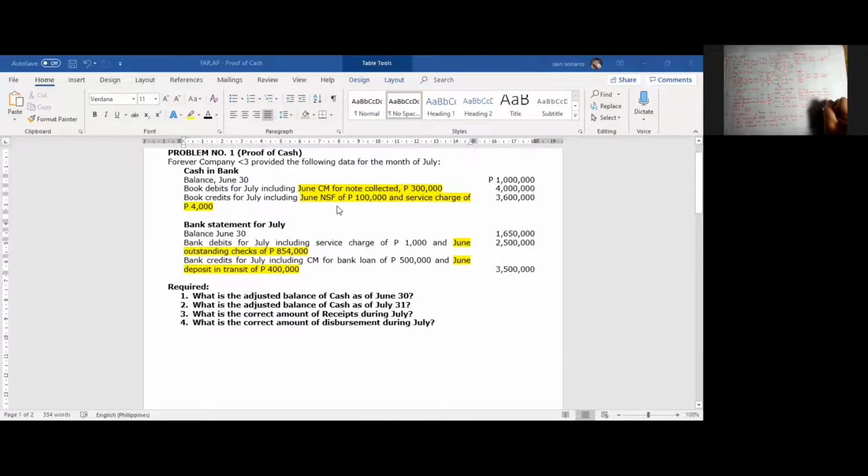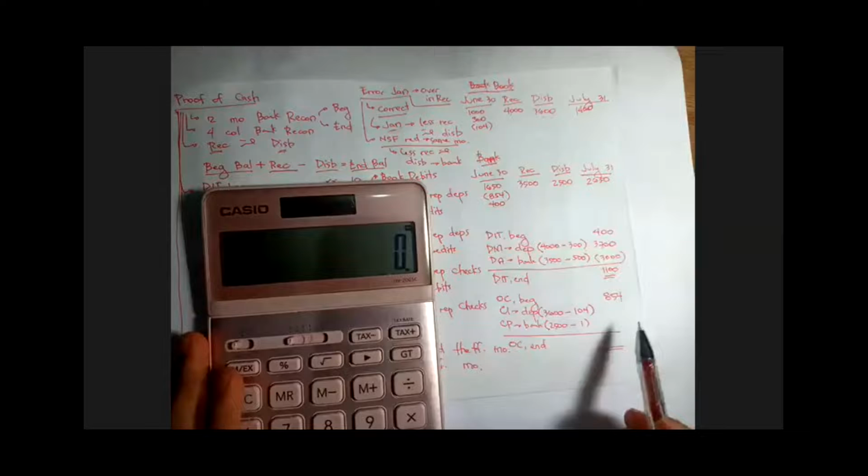Both of those do not represent checks, so minus 104,000. And then checks paid by the bank is equal to the bank debits, which is equal to 2.5 million minus the service charge of 1,000. And that is already the OC at the end of the year.